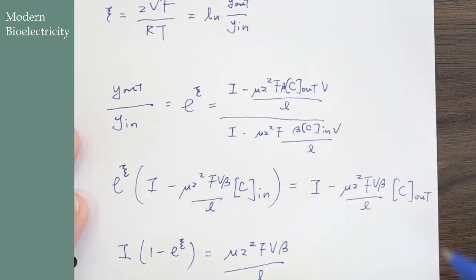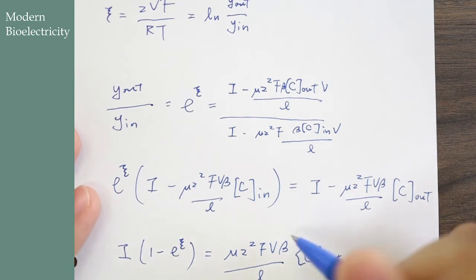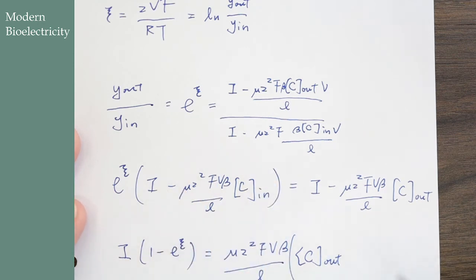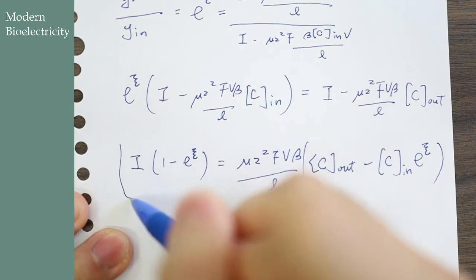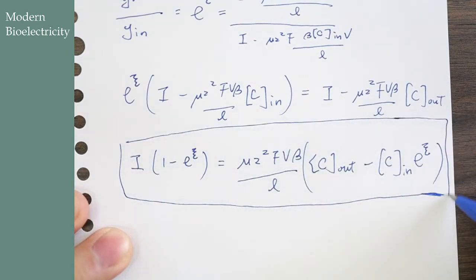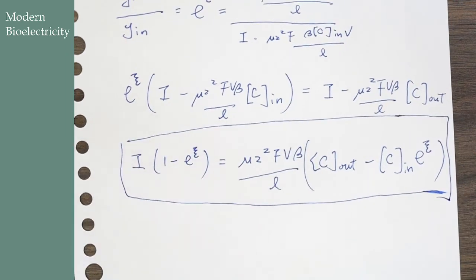So we move this to here, and we have the C out, and we have this thing inside, which is minus C in times E to C, right?